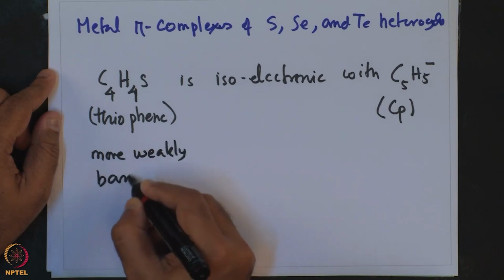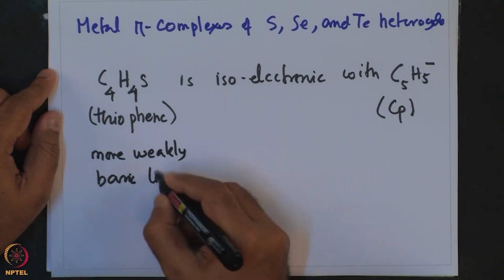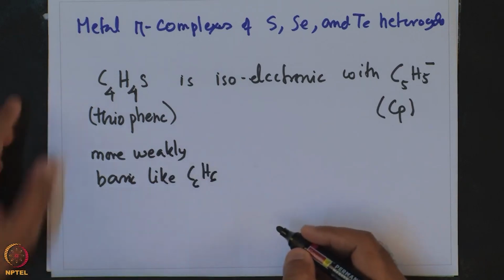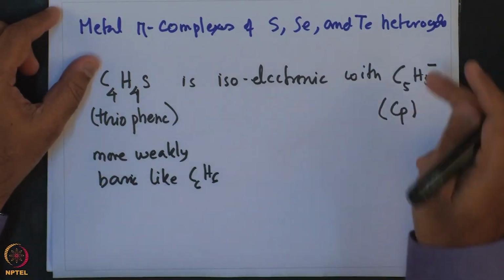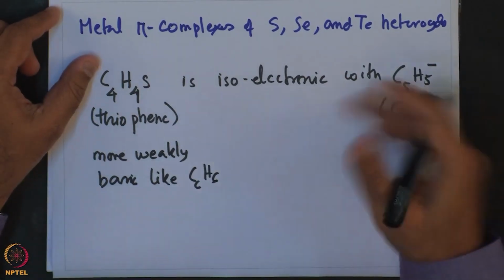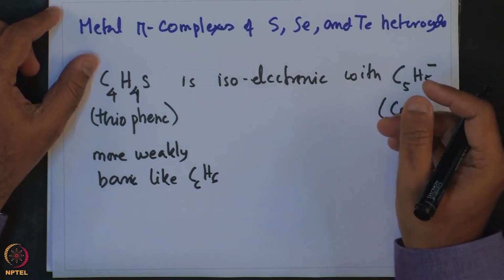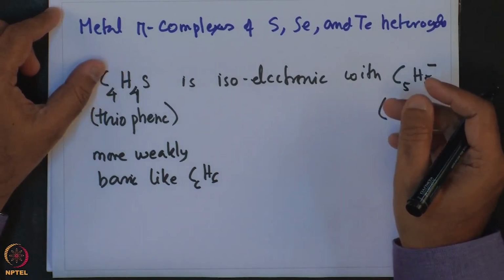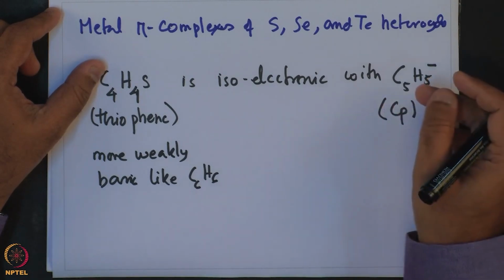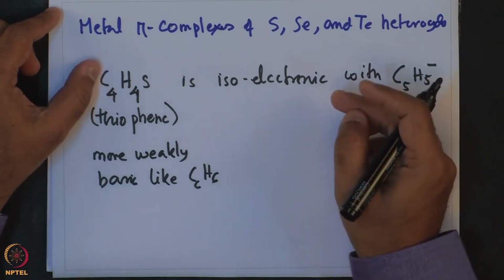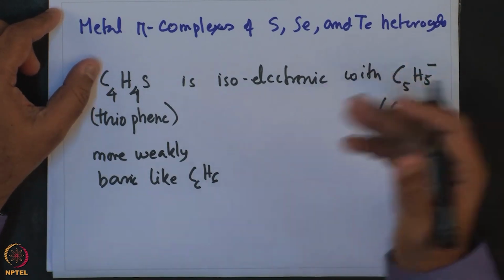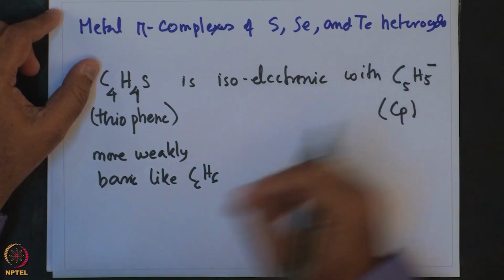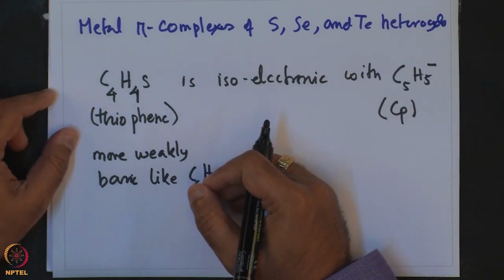That is kind of understandable, because Cp being anionic is much more basic, whereas thiophene being neutral is certainly less basic than what Cp would be, and hence a neutral thiophene ligand also is kind of similar to that of benzene, which itself also is a neutral molecule.